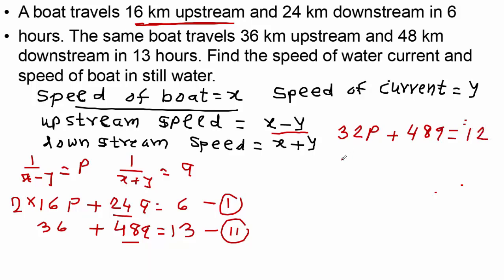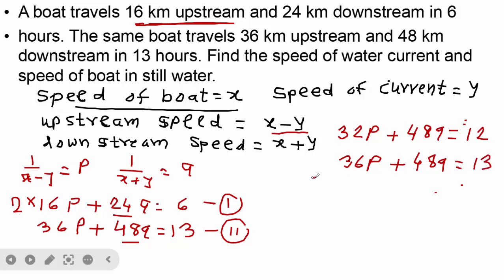I shall keep the second equation as it is: 36p plus 48q equals 13. And to solve these equations simultaneously, I have to subtract.